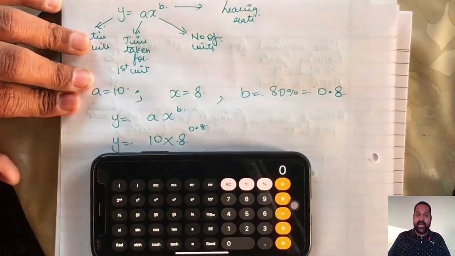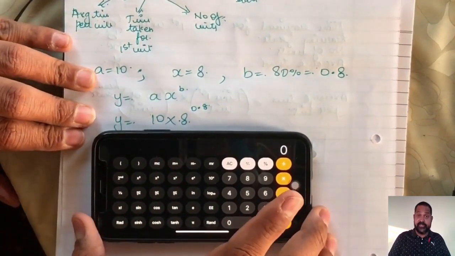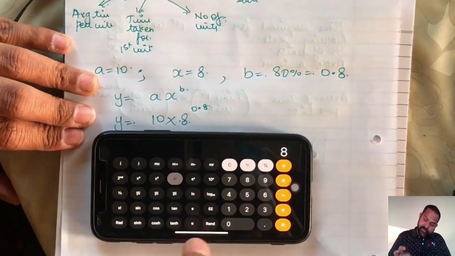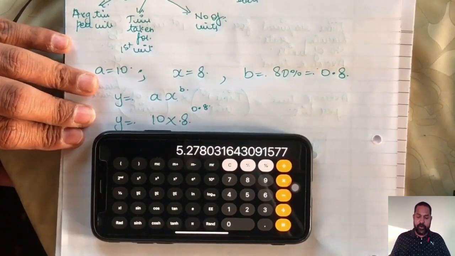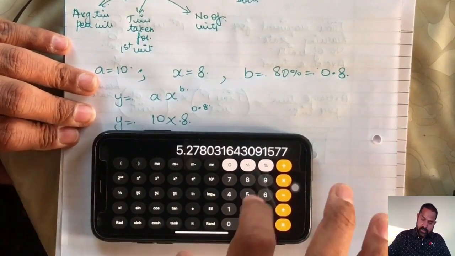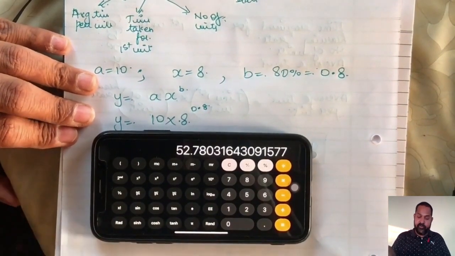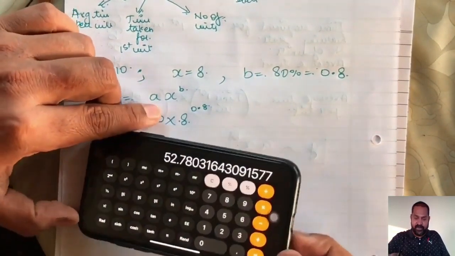What do you want me to do? You want me to raise 8 to 0.8. Okay, I get 5.2780 and so on. Multiply that value by 10, you get 52.78031. I'm writing 52.78.